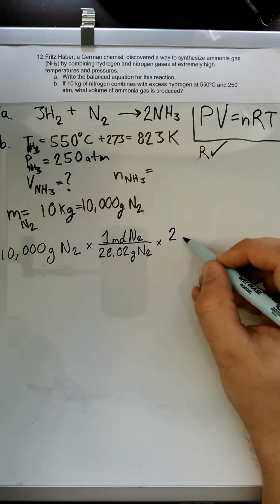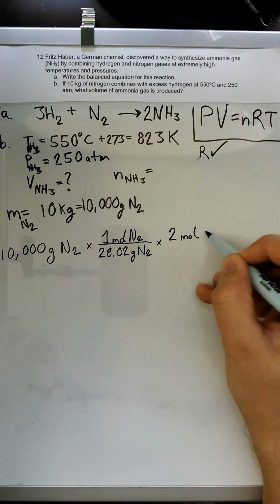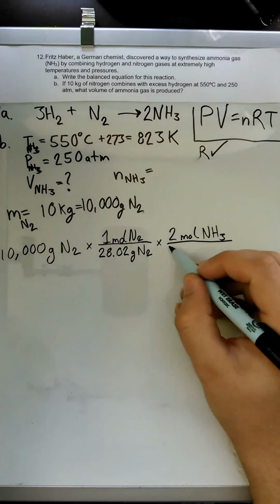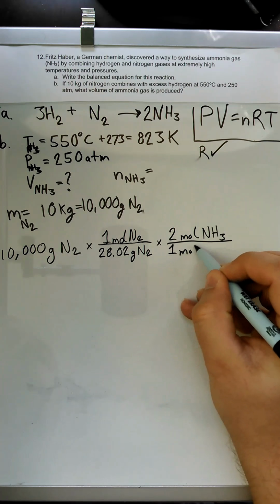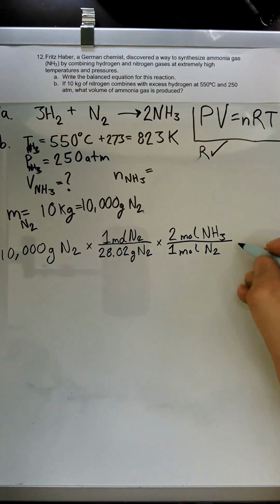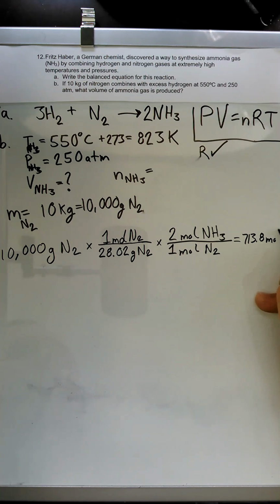So the mole ratio is going to be 2 moles of ammonia produced over every 1 mole of nitrogen consumed. The mole ratio is 2 to 1. So we multiply this all out. This will give us a total of 713.8 moles of NH3, ammonia.